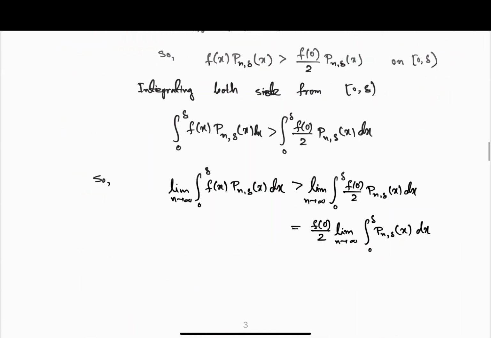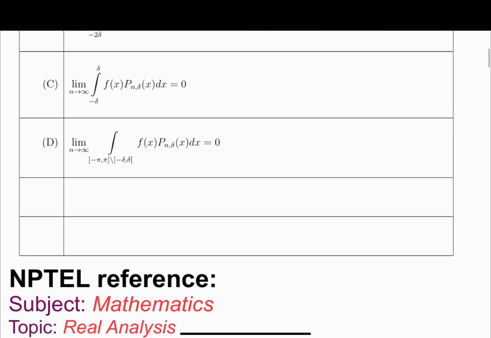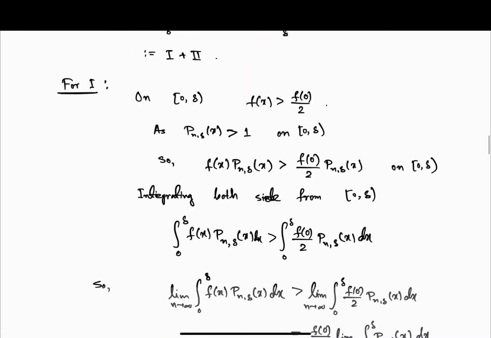And what is option D saying? Option D is saying limit n tends to infinity, integral from outside the interval minus delta to delta. So there we have to check the limit, right? So this you can deduce from the earlier.